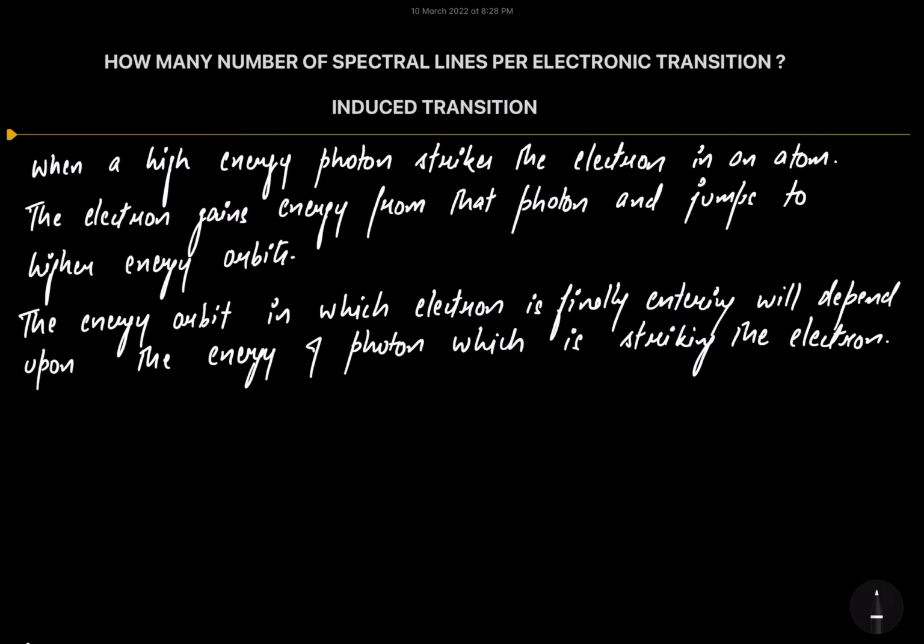Now, in the higher energy orbit, the electron will feel instability. The electron will not be stable there, and that electron will come back to the original orbit.